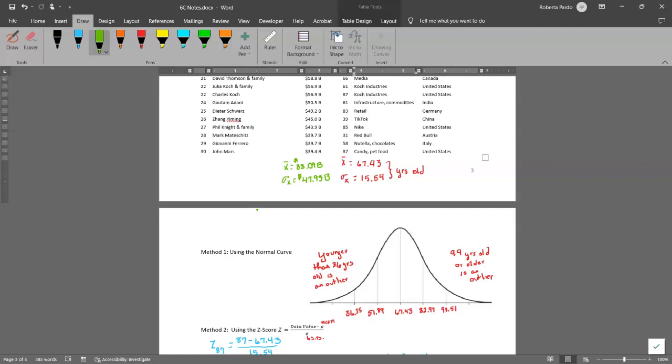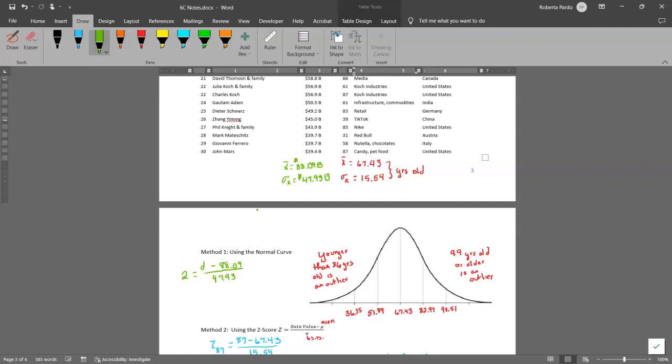So method 2, we're going to use a z-score. We're not going to create a normal distribution, although you can. I want to know when the z-score is bigger than 2, so what data values, minus my mean of 88.09, divided by 47.93.